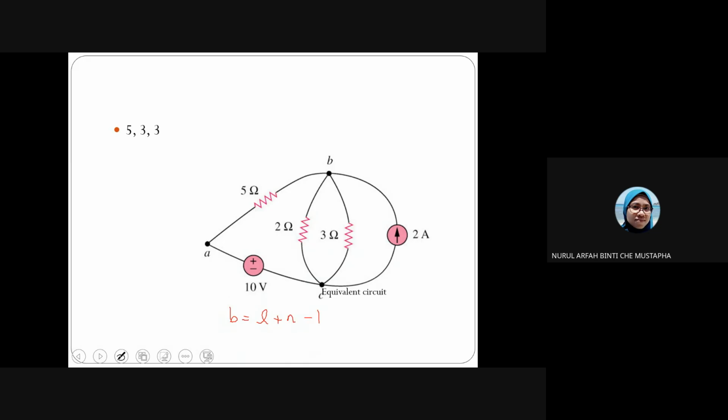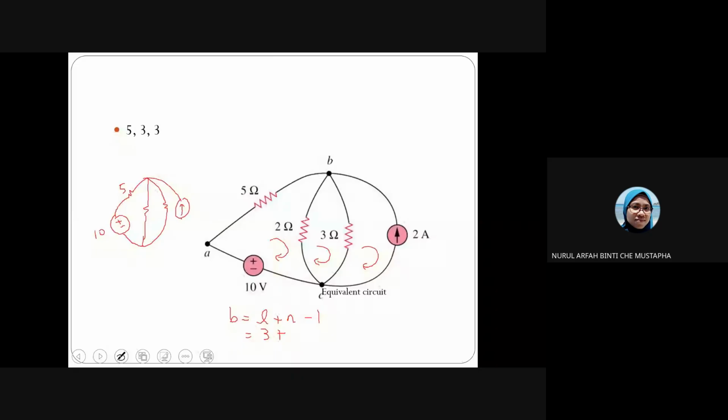Here we have three independent nodes plus, actually three, in the right figure at least.